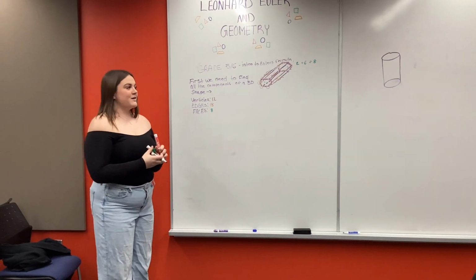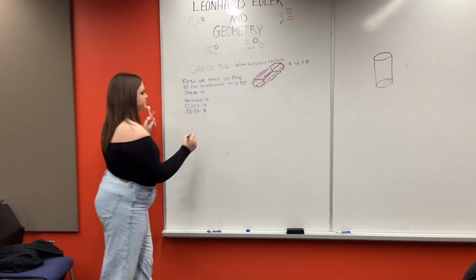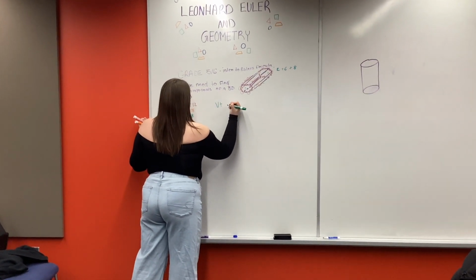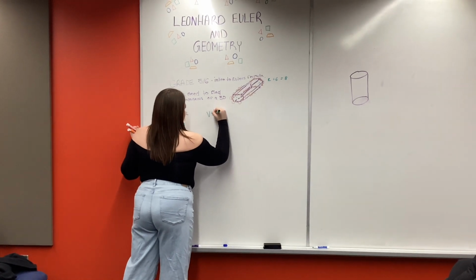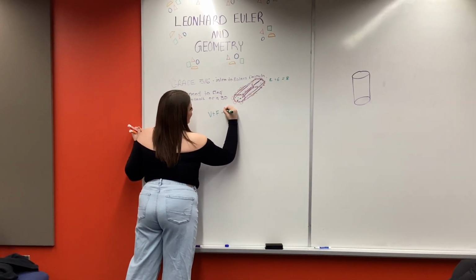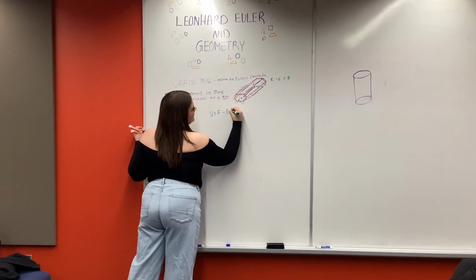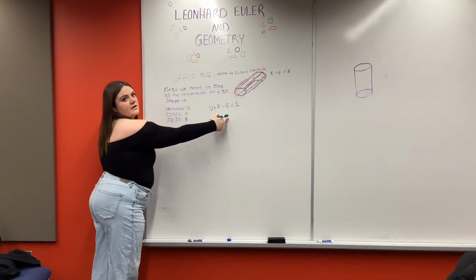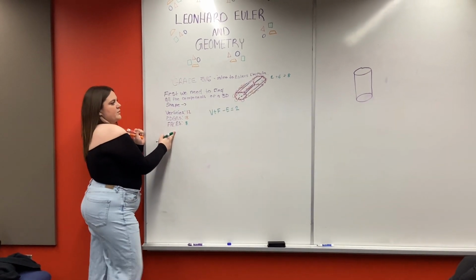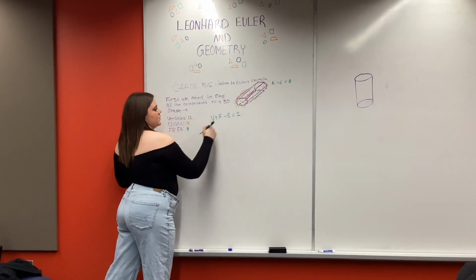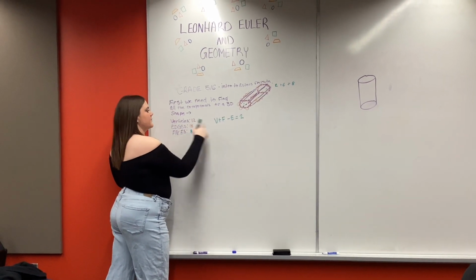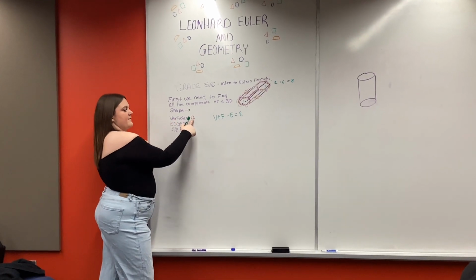Now, we want to take Euler's formula, which is vertices plus faces minus the number of edges. And Euler's theory is that this is always going to equal 2. So now that we have our variables for our hexagonal prism, we're just going to substitute the values. The number of vertices we have is 12.